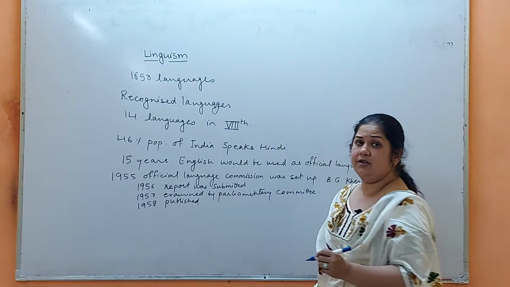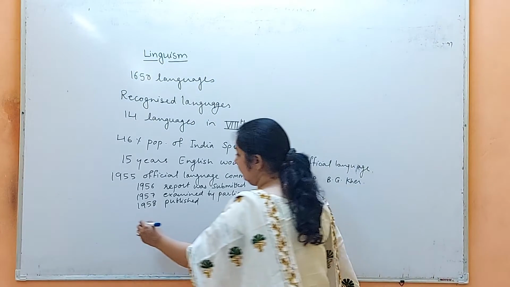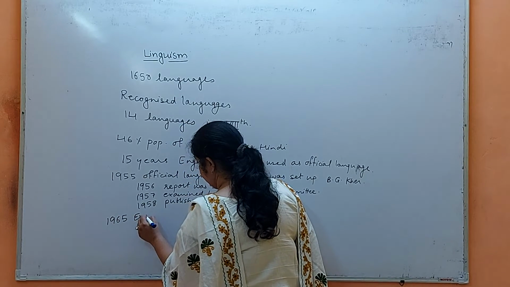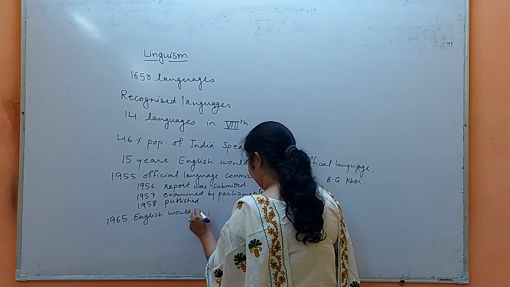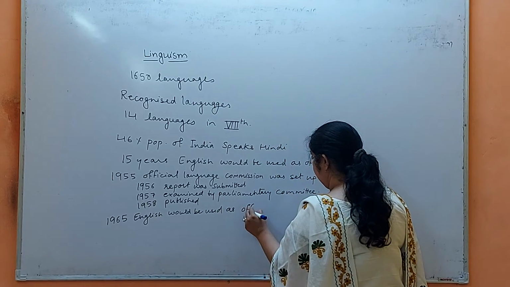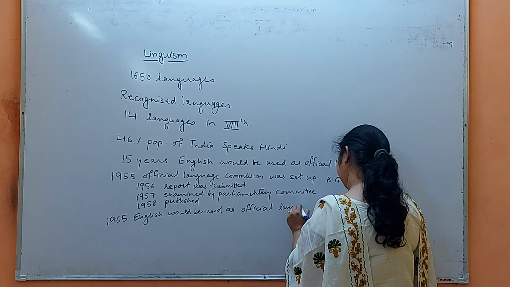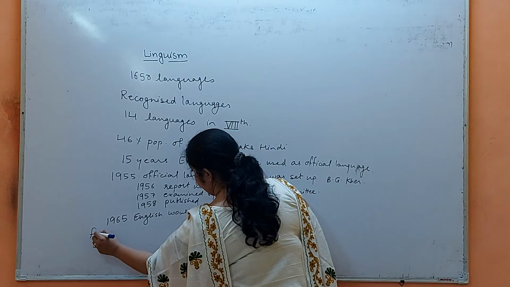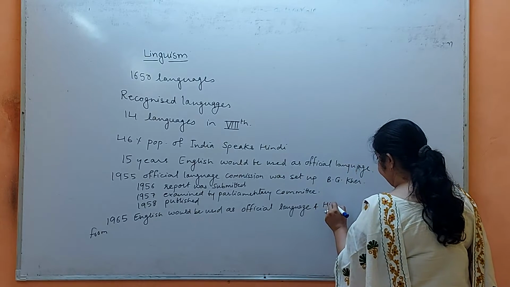The main recommendation of this committee or commission was that till 1965 English would be used as official language and Hindi as subsidiary.